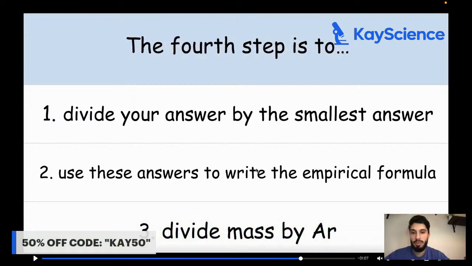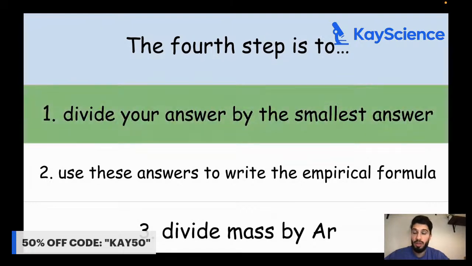The fourth step is to then do what? The fourth step is number 1: divide your answer by the smallest answer.